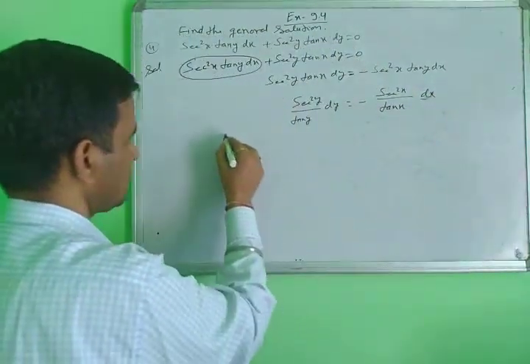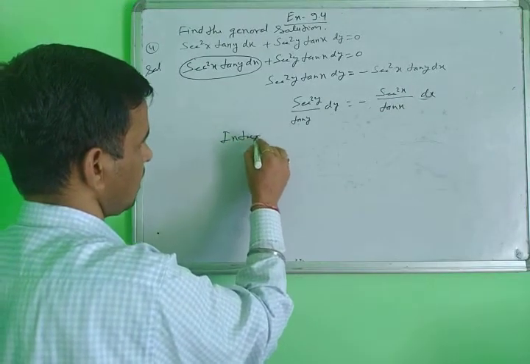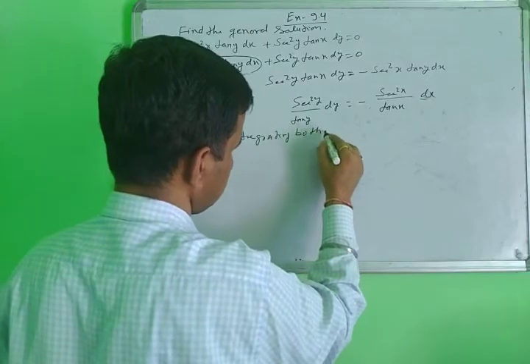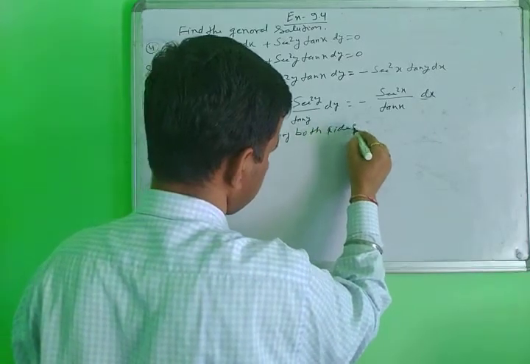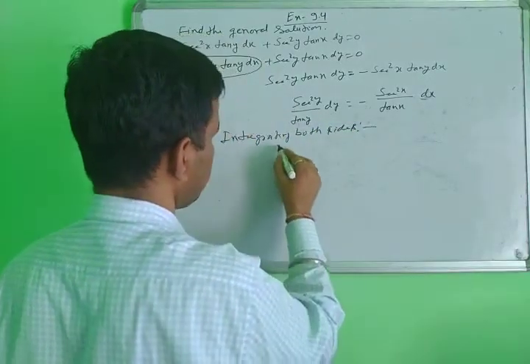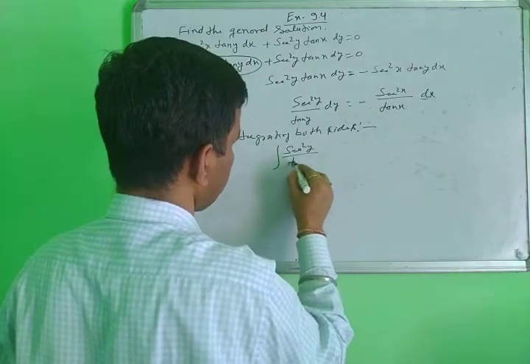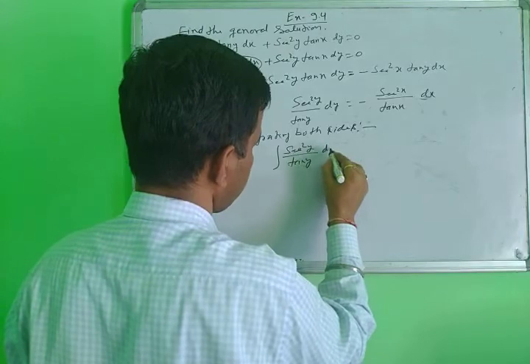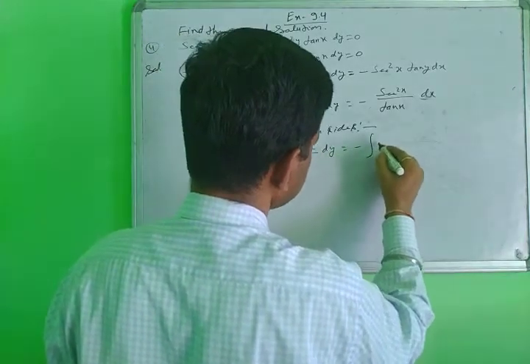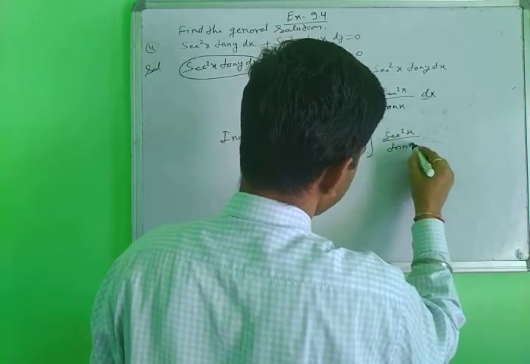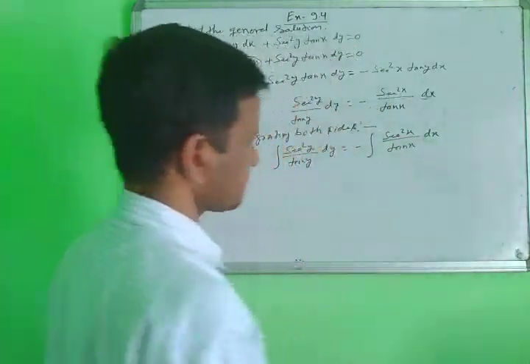After that you will integrate both sides. What result comes here? Sec square y upon tan y dy equals minus sec square x upon tan x dx.